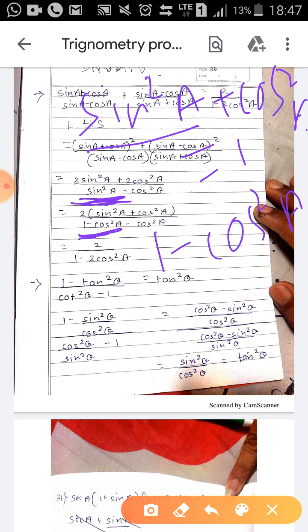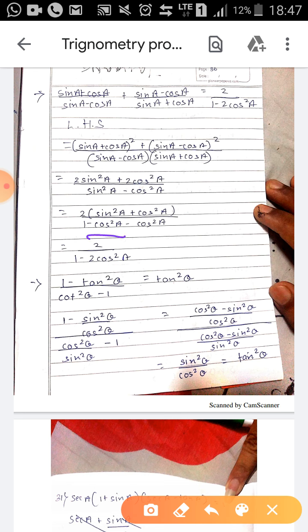This is the only thing which probably I hadn't explained in the previous video, and that's why you haven't been able to solve this sum. Now because of this minus cos square a and minus cos square a, you get 1 minus 2 cos square a. And that solves the proof for you.